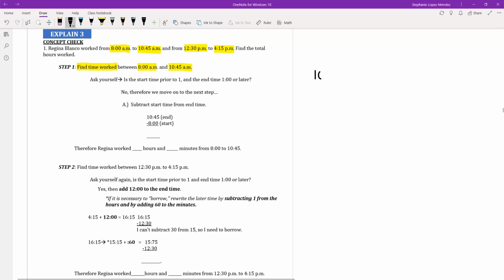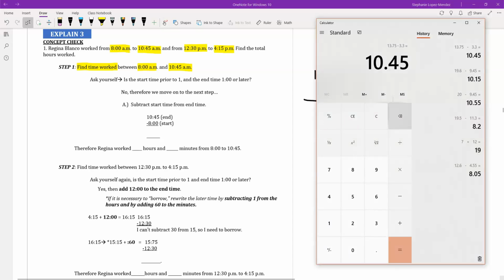So I have 10:45 a.m. and then I have also 8 a.m. So then I subtract. Go to my calculator and I have 10.45 minus 8.